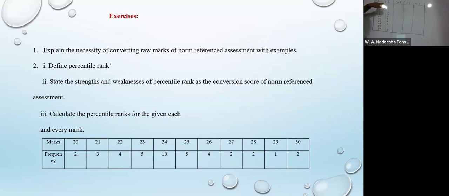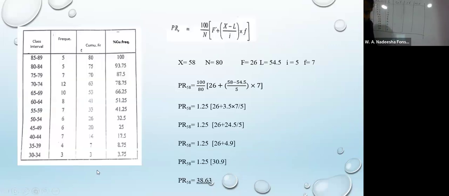Therefore, we have to consider the first as here. In the examples, we did in descending order. Here it is ascending order. In the examples we discussed, this is descending order. So we started from the lowest class. Understood?